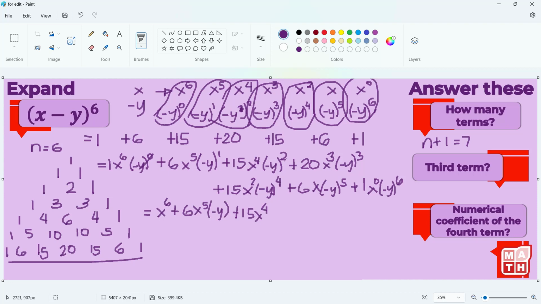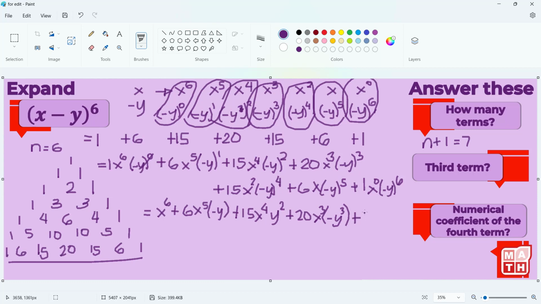Notice about negative y, and when it's squared, it will become positive y squared. Hence, again, this negative sign or the parenthesis, which includes the negative sign, is very important. Plus 20 x cubed times negative y cubed. Okay, because negative y raised to 3 is just negative y cubed.